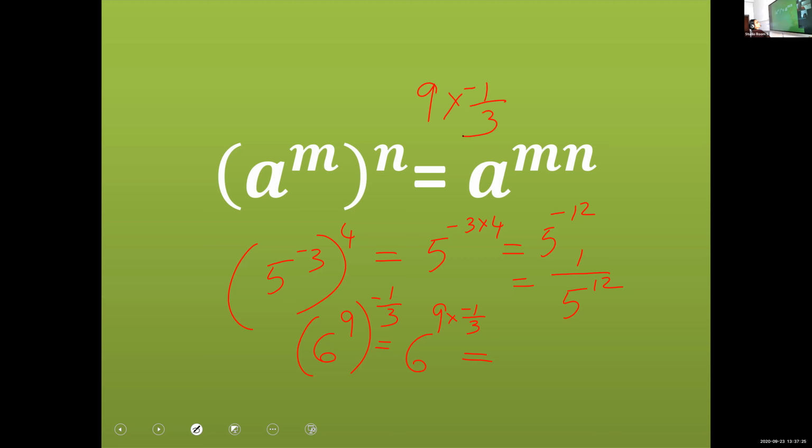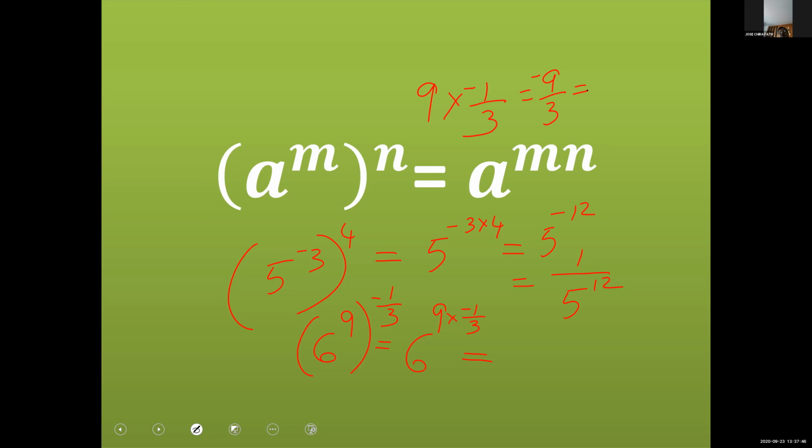It is equal to what, Amaljit? Negative 9 by 3, and it is equal to?